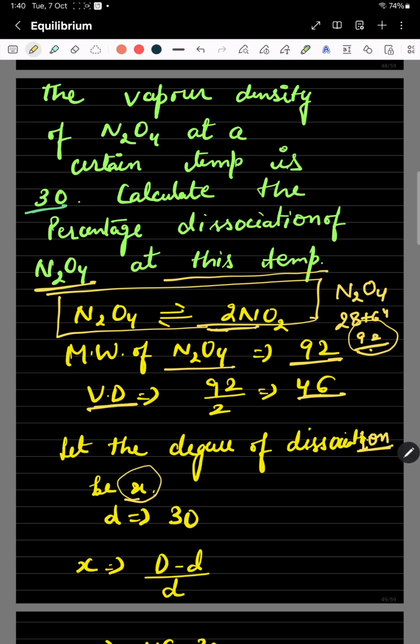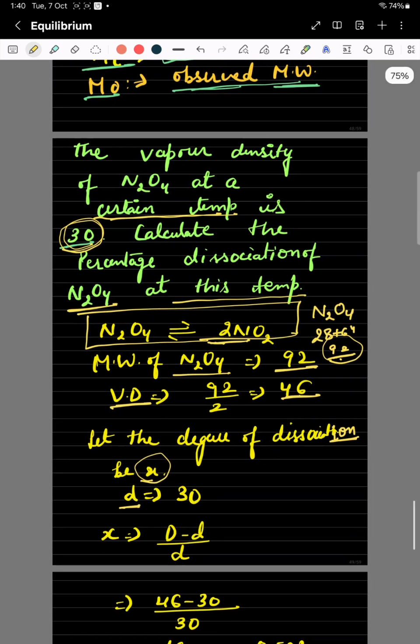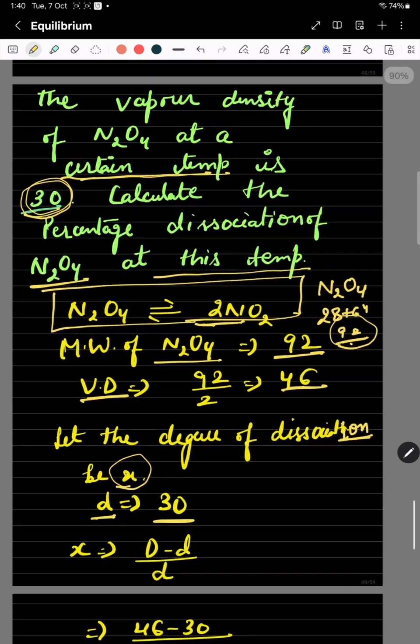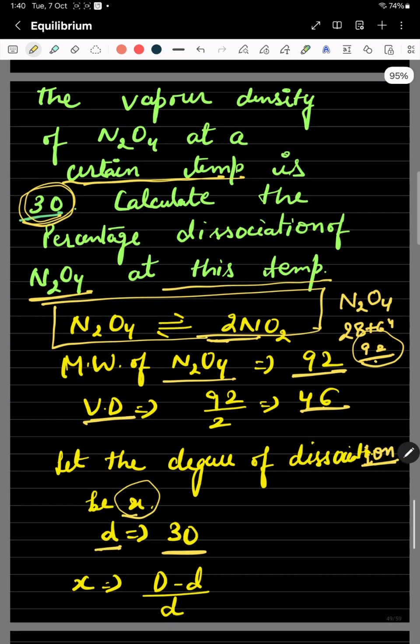Small d is 30, the vapor density of N2O4 at a certain temperature after dissociation.